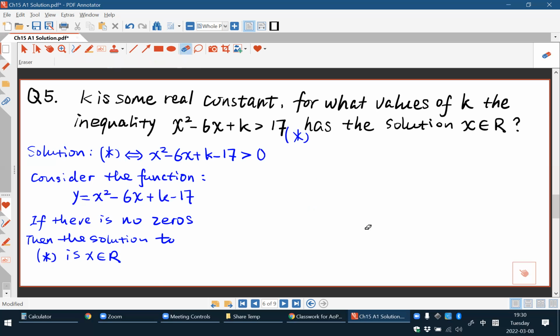Okay, following this logic, let's denote this expression with 2 asterisks. So this statement here means no zeros is equivalent to delta less than 0.